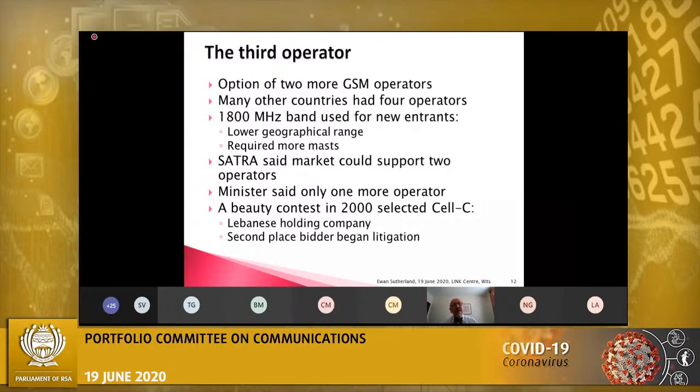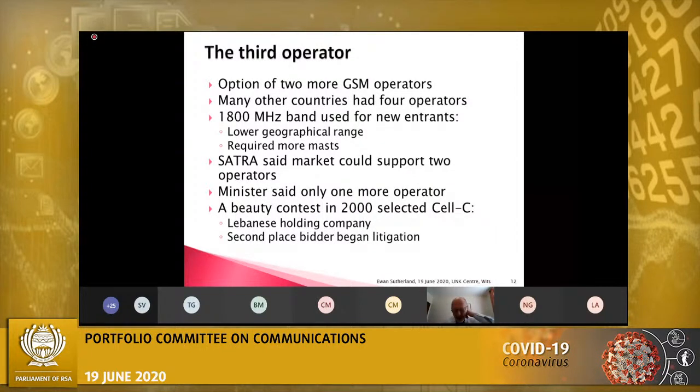So it was an early stage model of saying, look, we're rolling out this service. Prepaid had come in, the market had greatly expanded. How many operators do you need in the market? Is it one? Is it two? Is it three? Is it four? There was no simple answer to that. The spectrum was available.